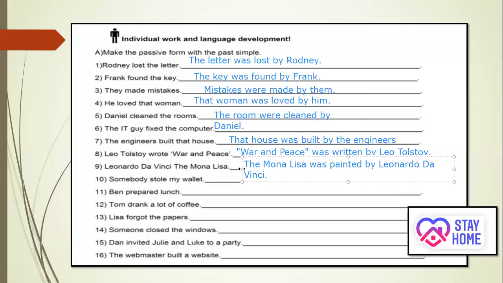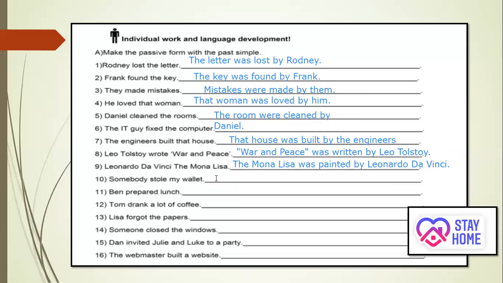And we have the other one. Somebody stole my wallet. My wallet was stolen by somebody. And we have it like that.